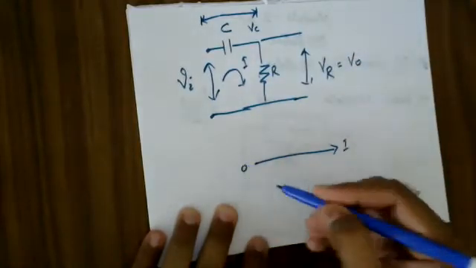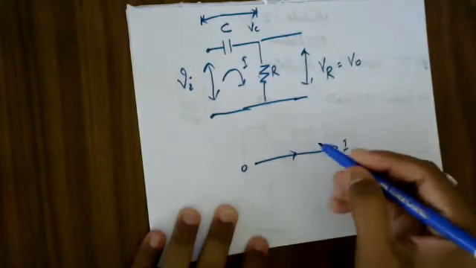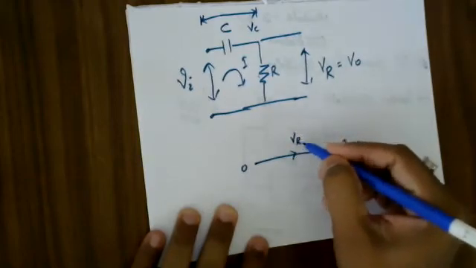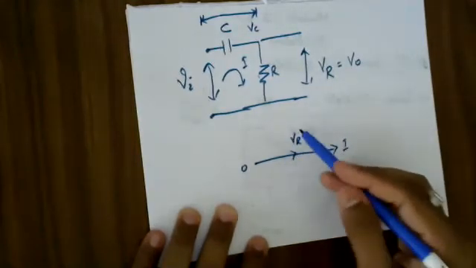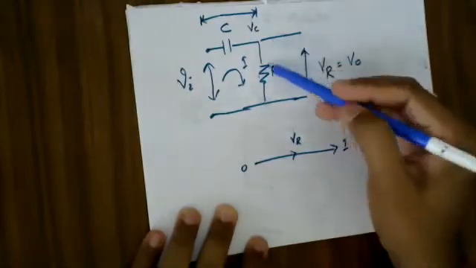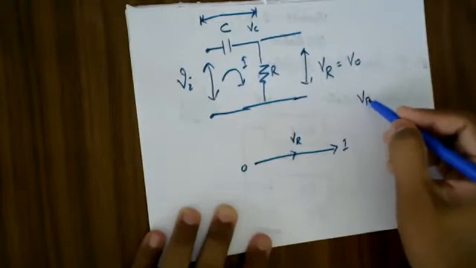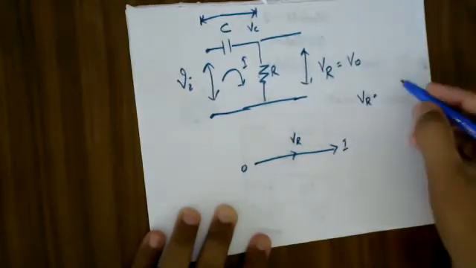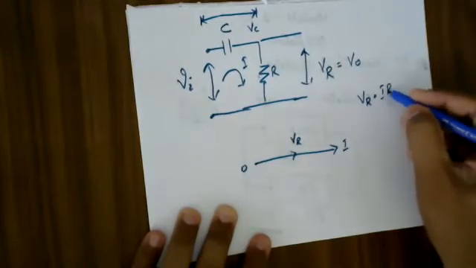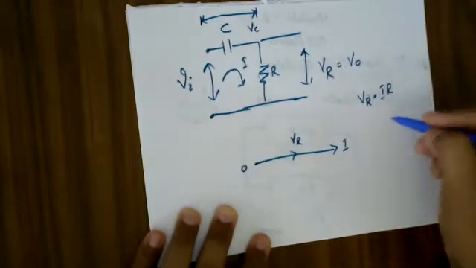This being the origin, this point talks about VR. This VR is nothing but the voltage drop across the resistance. In terms of a mathematical equation, you can write VR equals I into R.